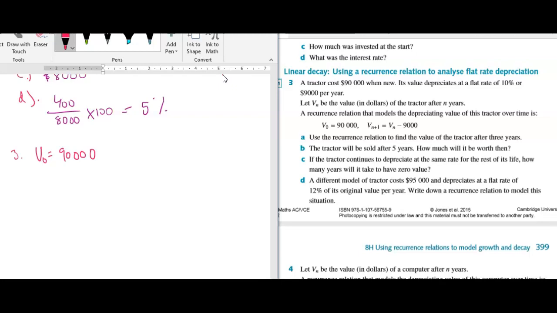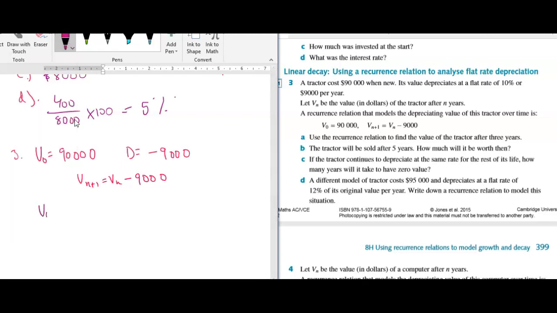So 10% of 90,000 is 9,000. So your value of D is negative 9,000. Let Vn be the value after n years. So they've already written a recurrence relation for us. Vn plus 1 equals Vn minus 9,000. Use a recurrence relation to find the value of the tractor after 3 years.